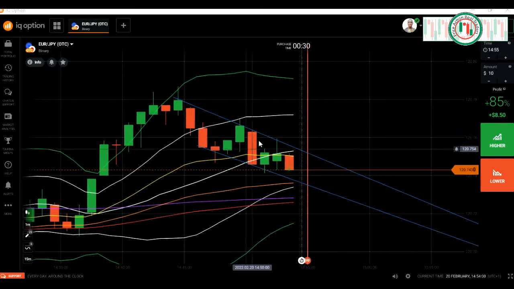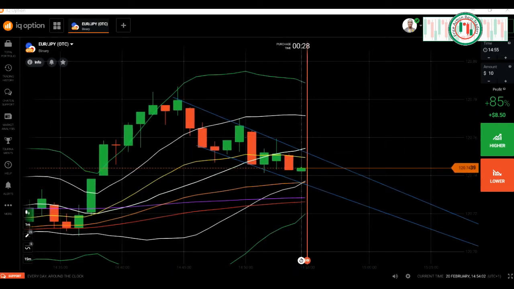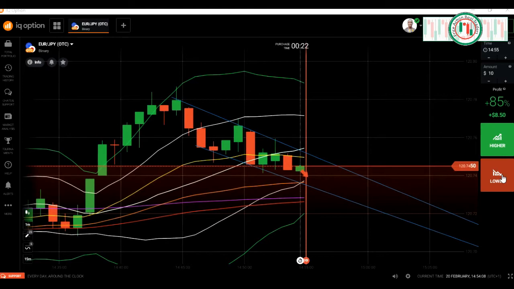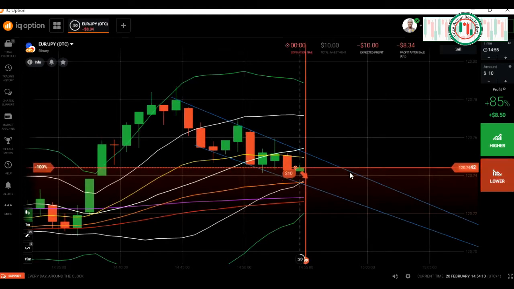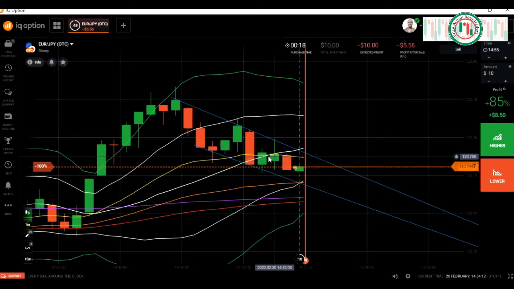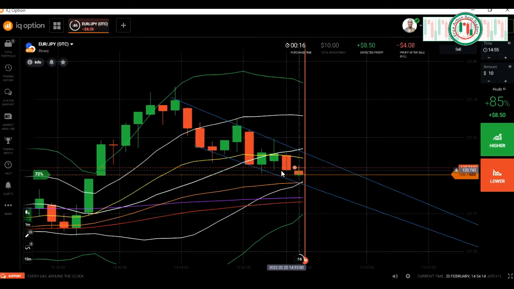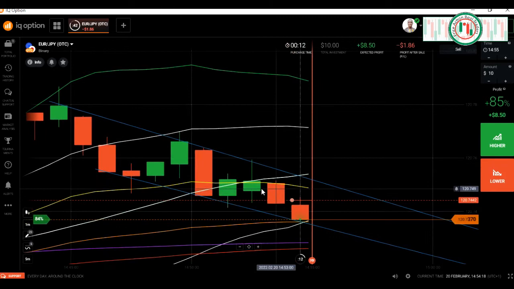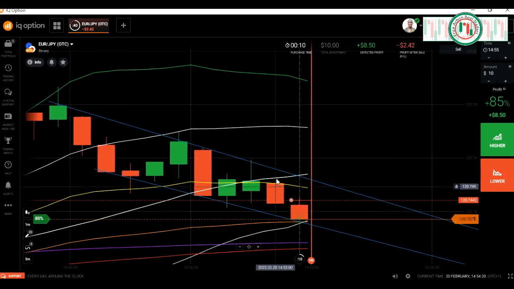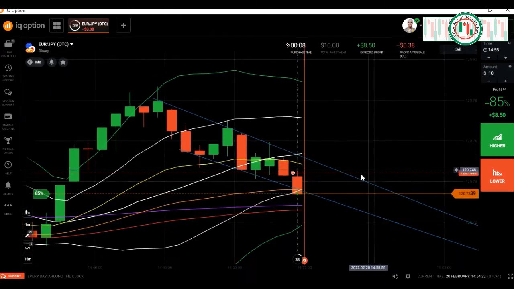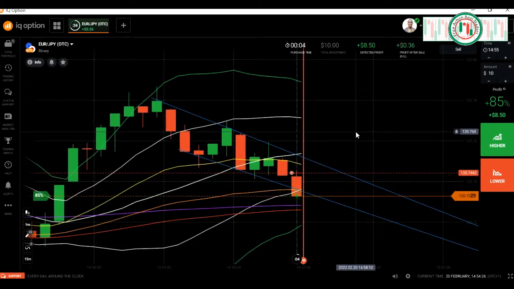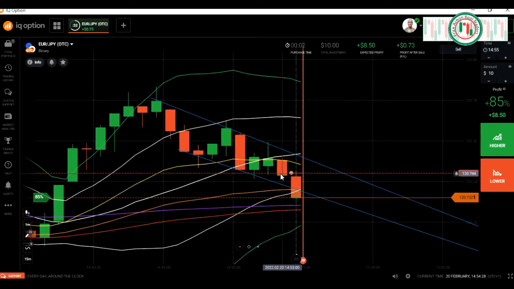So here we are in a downtrend. Yes, let's place a put option because we are in a downtrend. And you see this candle, let's pull back to the 20 EMA. So the sellers must enter, and there is no rejection here.